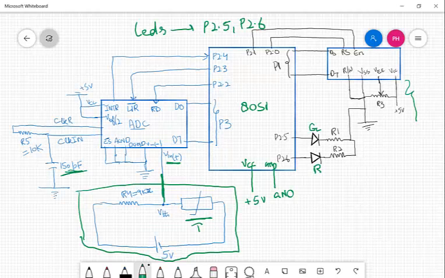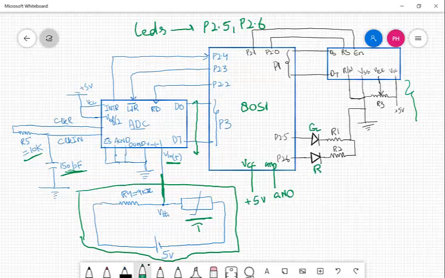These values of capacitor and resistor actually determine the clock speed of the conversion of analog signal to the digital signal. Converted digital signal comes over here, and that's fed to the microcontroller using port 3. We also have three control signals for ADC.